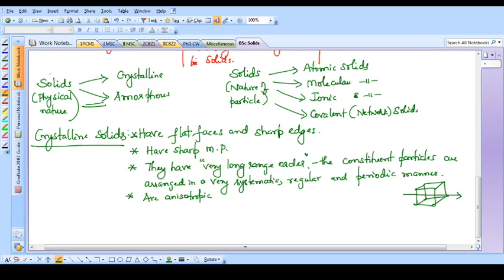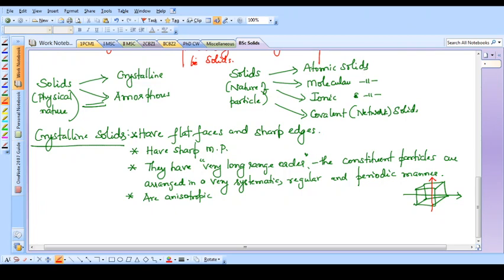But if I measure the same property in another direction, the value of that property will be different. This is called anisotropic behavior, and crystalline substances are found to exhibit such anisotropic behavior.